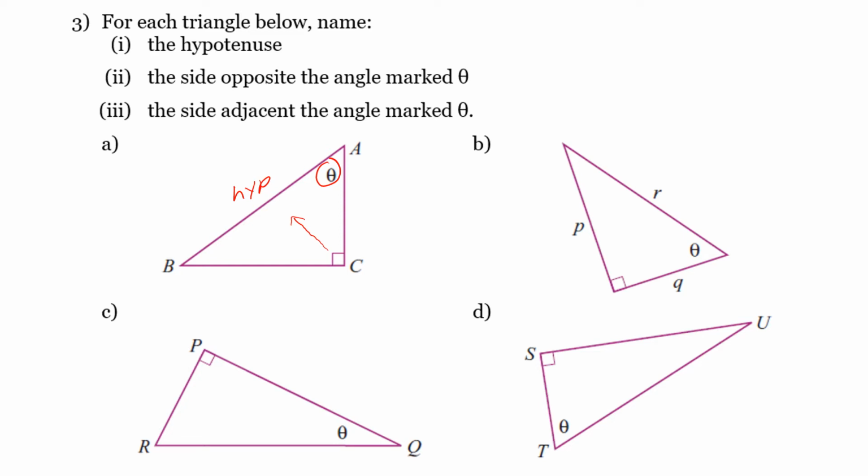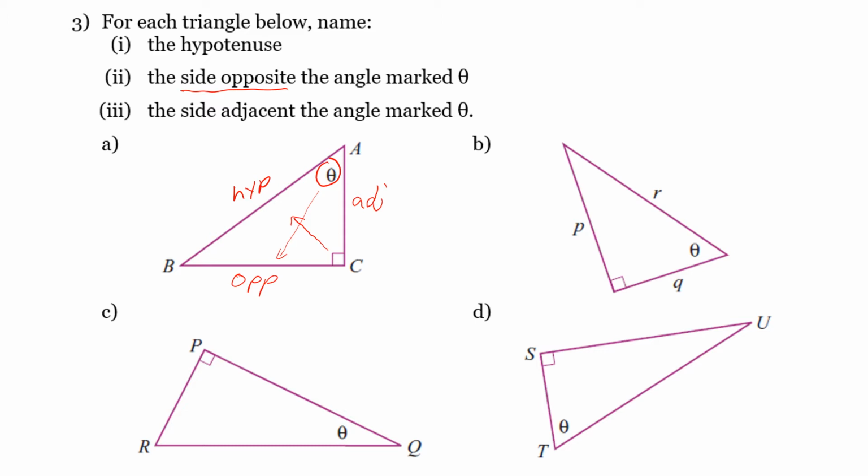The opposite is marked directly across from the angle of interest, which happens to be this one right here. So this is the opposite. And then the adjacent is the side that is touching theta, but is not the hypotenuse. So here's the adjacent.